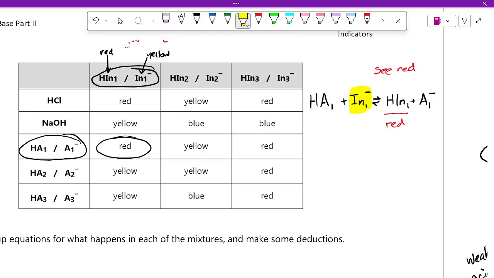You guys are killing me. If I see the color red, which side is favored? Products or reactants? Reactants. Oh, the products. Products are favored. So if we see red, products are favored. So who is the stronger acid, HA1 or HIN1?